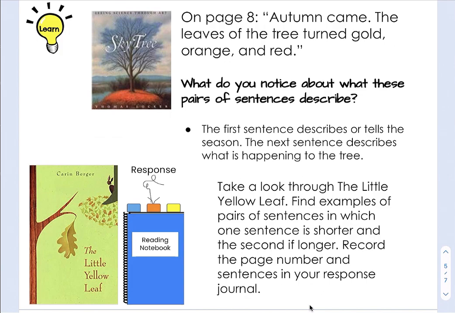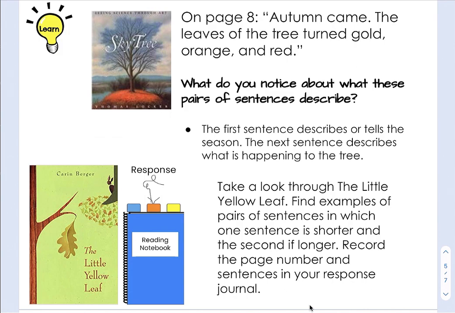Well, the first sentence describes or tells the season. Autumn came. It's fall now, or autumn. The next sentence describes what is happening to the tree. The leaves of the tree turn gold, orange, and red. So those two sentences go well with each other. And again, the first sentence is short, the second sentence is longer.